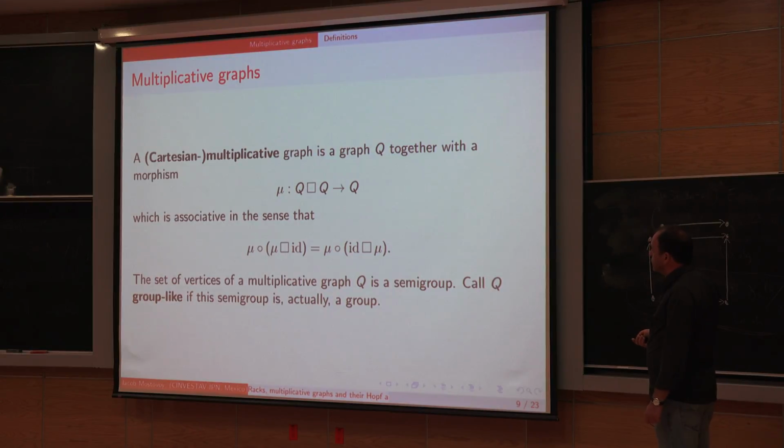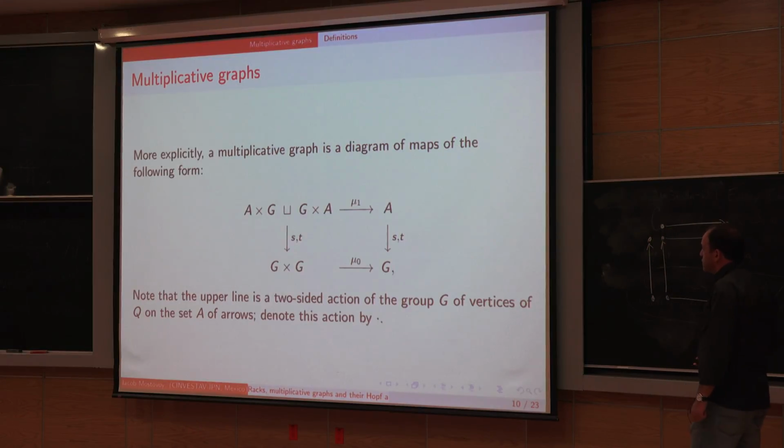So what kind of things are those? This, again, basically shows that there is nothing strange in the definition of a group-like graph. So we have a group structure on the set of vertices, and we have a two-sided action of the group of vertices on the set of edges, which is consistent with the source and the target maps.